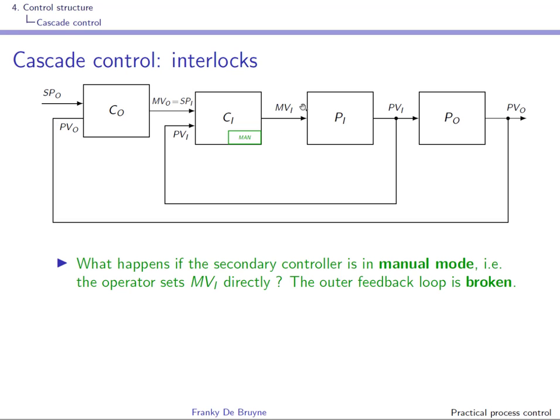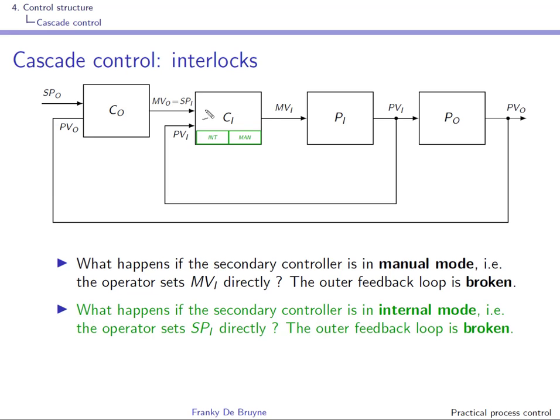And this inner MV is not going to make sure, of course, that this outer PV is on set point, so there will be an error. If you do nothing, this error will be integrating, and the output will go to either a very large or a very negative value, depending on the sign of the error. In any case, if the inner controller is in manual mode, then the outer feedback loop is broken.